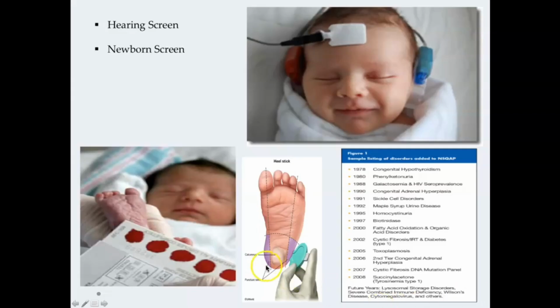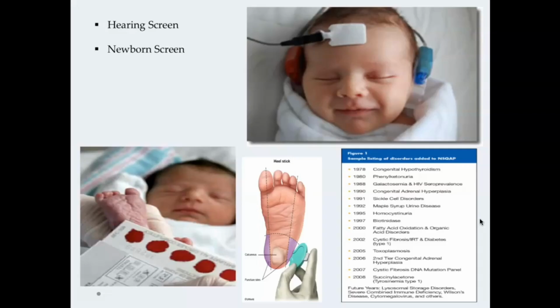This test is just showing the PKU, the screen that they do, and it checks for a bunch of different disorders: phenylketonuria, congenital hypothyroidism, galactosemia. It can check for sickle cell disorders, maple syrup disease, cystic fibrosis, toxoplasmosis.